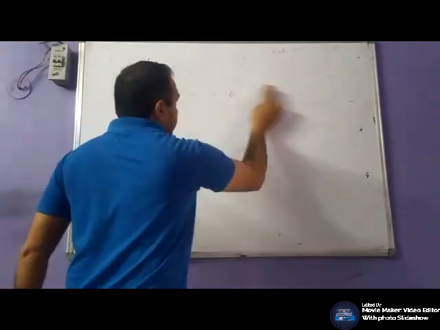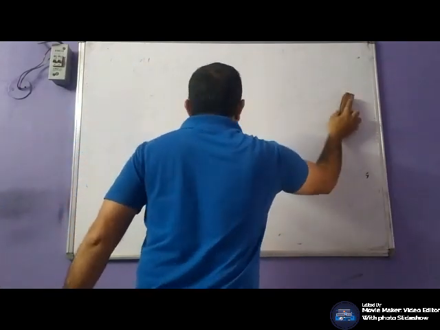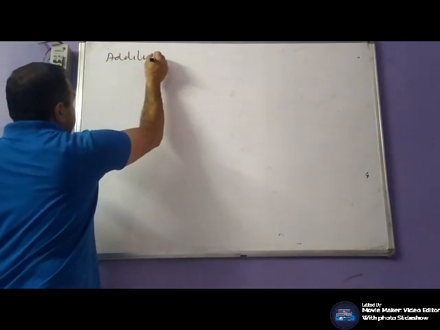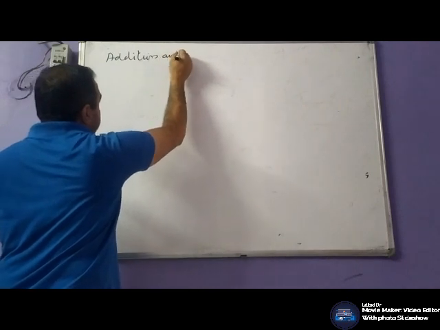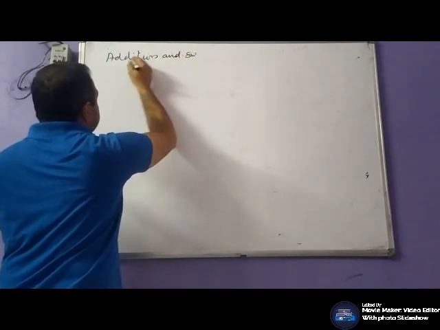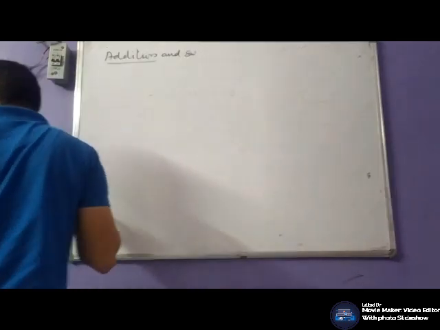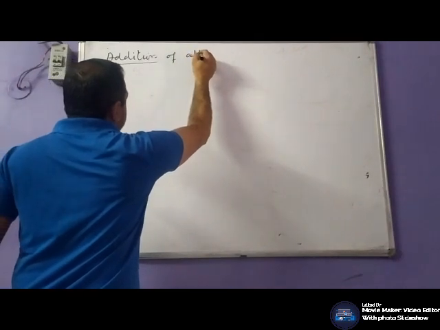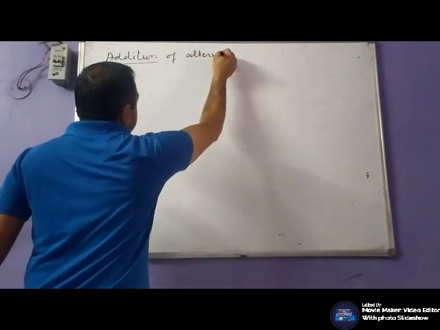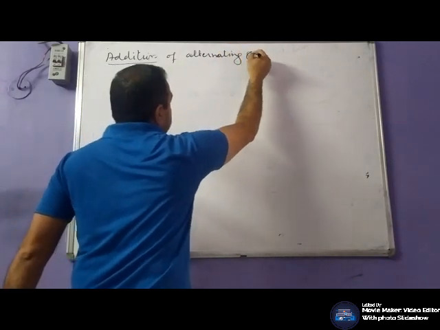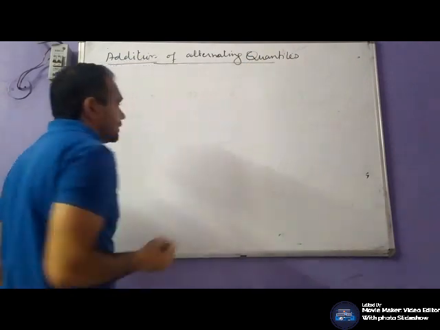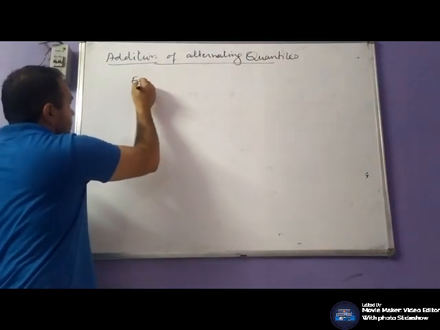Let us take some examples for addition and subtraction of alternating quantities. First, addition of alternating quantities. We have two alternating quantities.